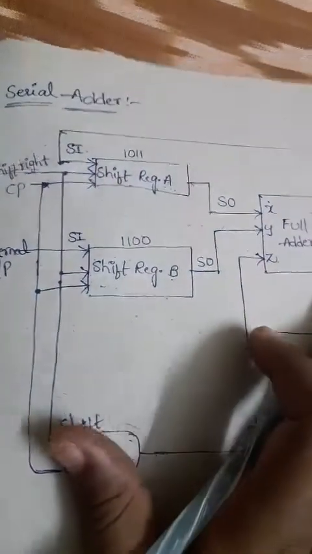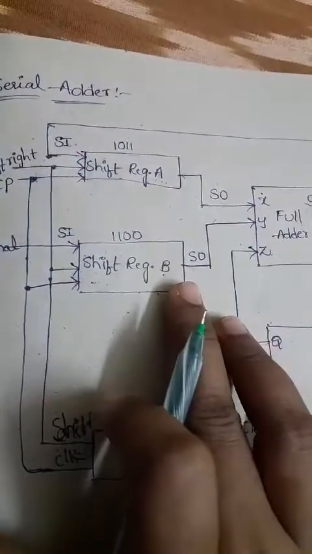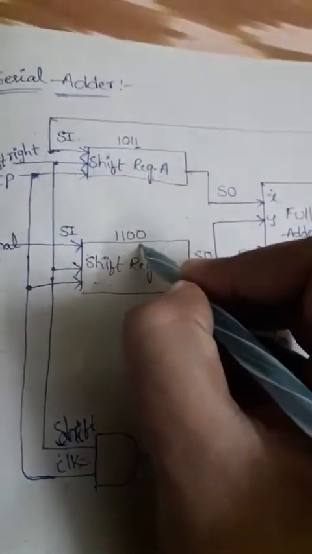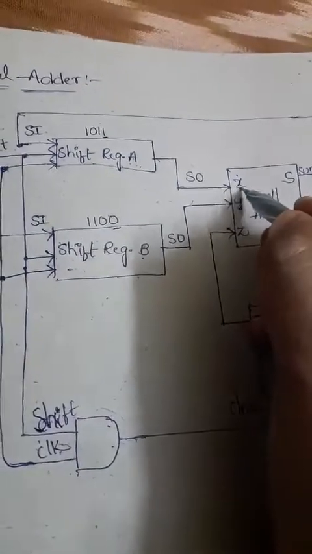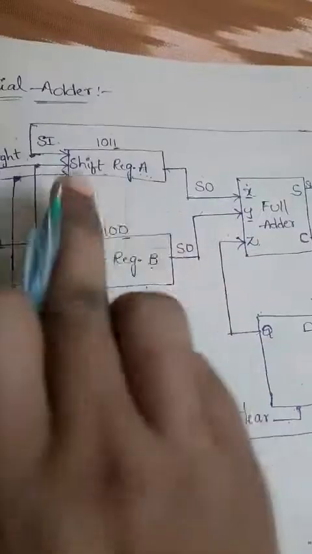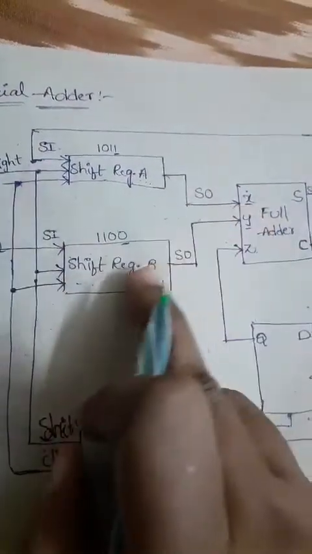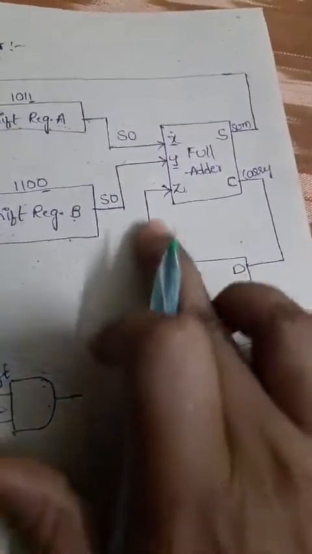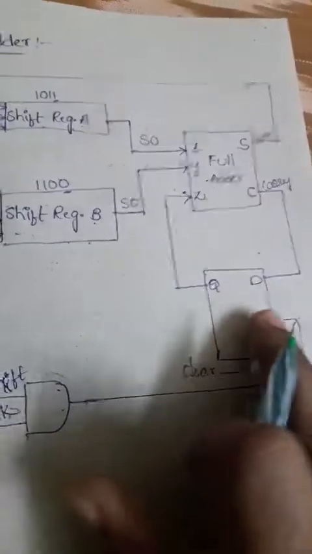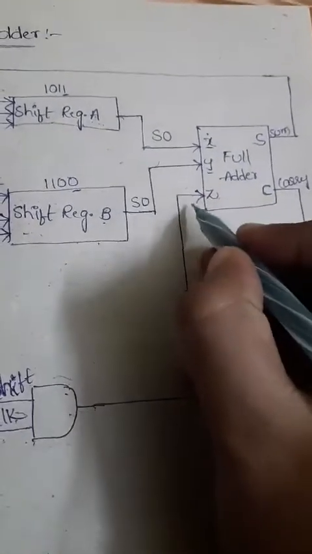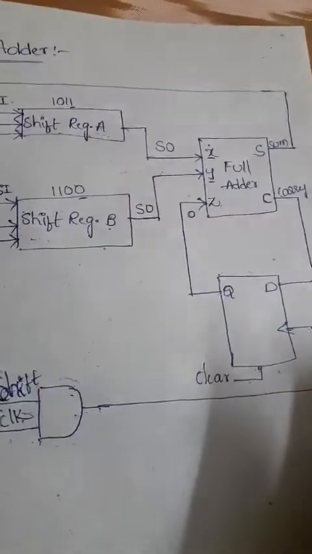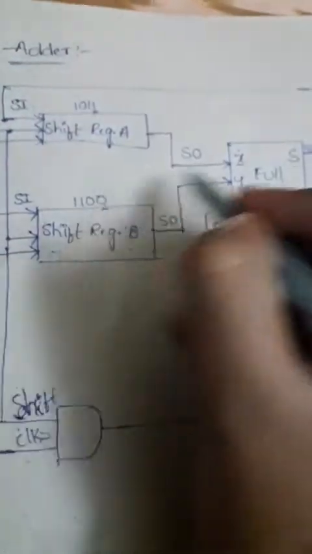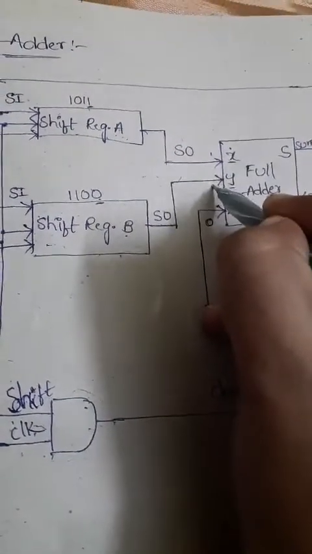For example, one may be 1011 and the other 1100. Now the LSB bit positions of shift register A and shift register B, this 0 and 1, are given directly to X and Y. Shift register A is connected to X, shift register B is connected to Y, and the D flip flop output is connected to Z. Initially we don't get any result from it, so you can assume this value is 0. Finally, 1 0 is placed in the X and Y places.